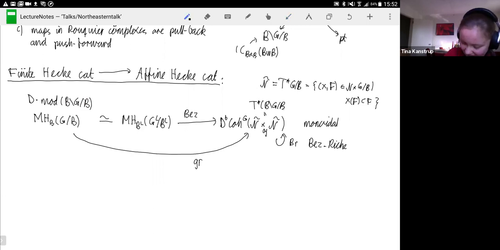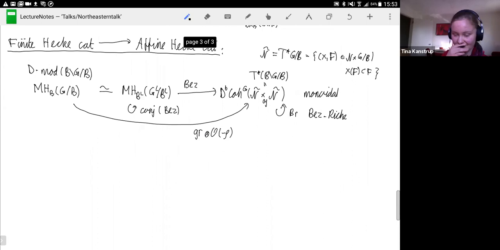So this is why it makes sense to take the associated graded, and it's a conjecture by Lusztig that these two categories are the same. I think it needs to correct the weight, but that won't be a big issue here.